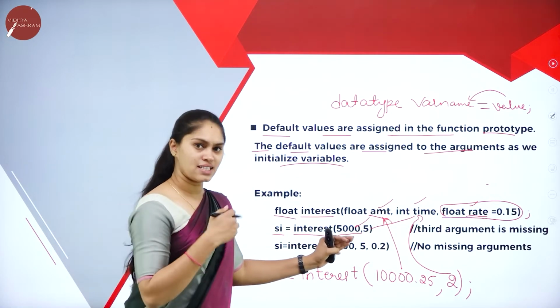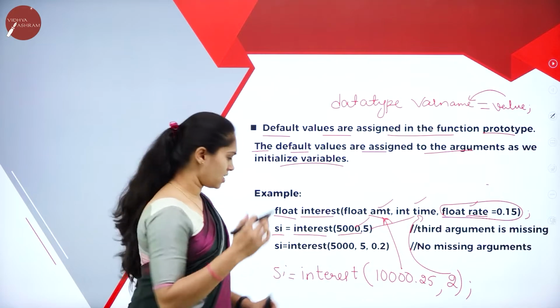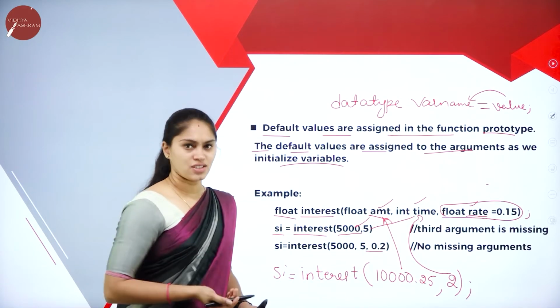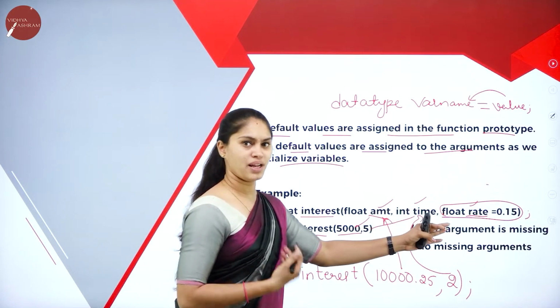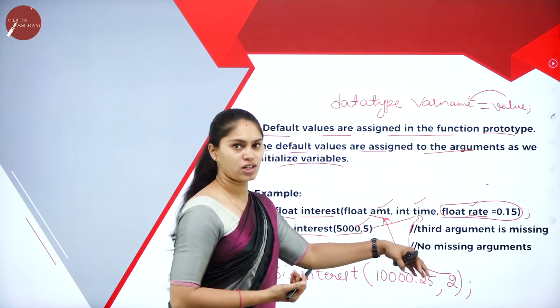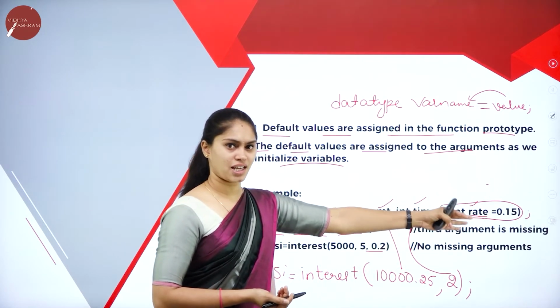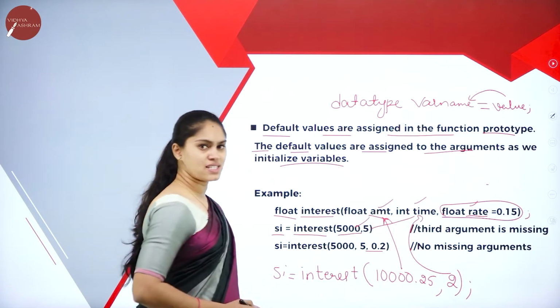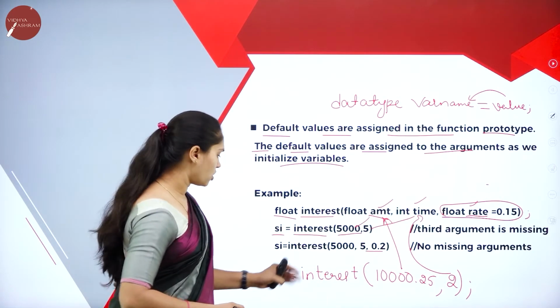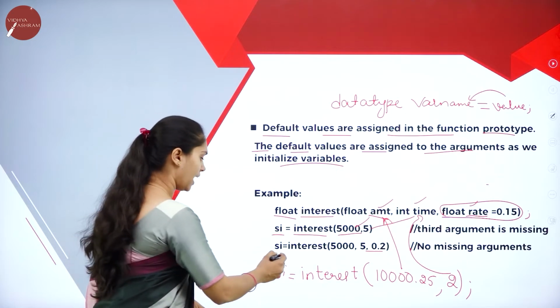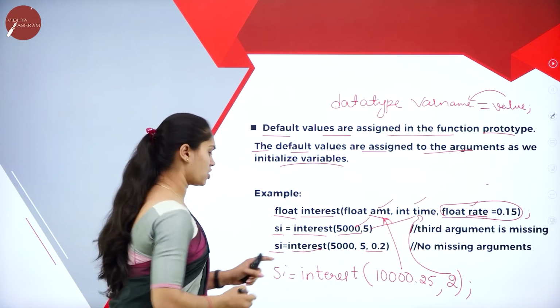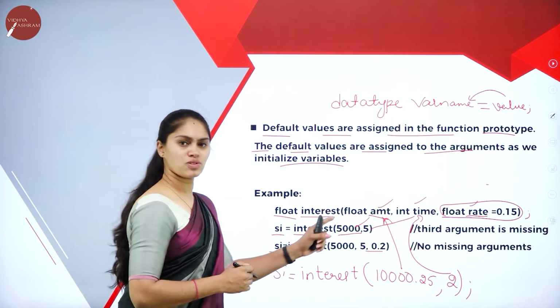So inside the compiler, it is not missing; the value has already been shared, or the value has already been defined. That is what default values are. If there is no default argument passing taking place, then we have to specify the value for the rate. So that is how we are going to do that. SI is a variable calling a function, that is interest, and I wanted to send 3 arguments.